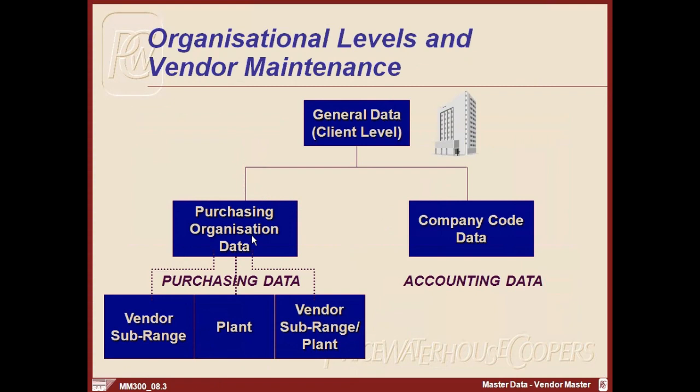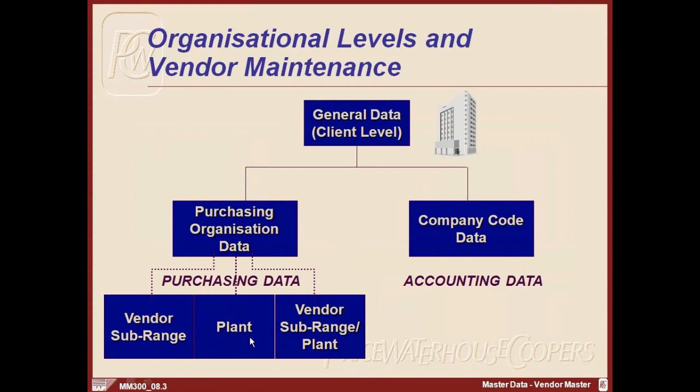Let's say from whichever vendor you are procuring material, if he groups the materials for his own usage, that grouping is called vendor subrange, and of course that needs to be given by the vendor if you want to maintain that information in the vendor master record.